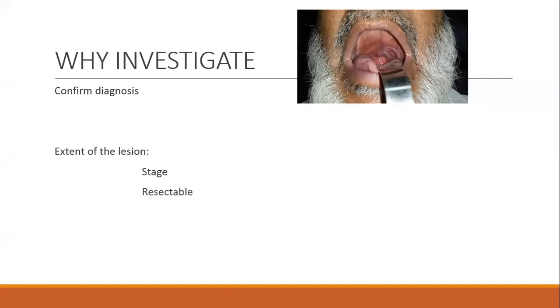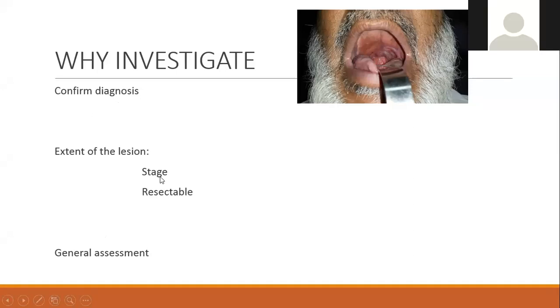So we want to see the extent of the lesion, staging, whether it is resectable, and also the general assessment like CBC. Patient is not anemic. Patient is not suffering from any thrombocytopenia. So these are the three reasons for investigation: to confirm the diagnosis, and the extent of the lesion, so that we know what stage it is, and whether it is resectable.